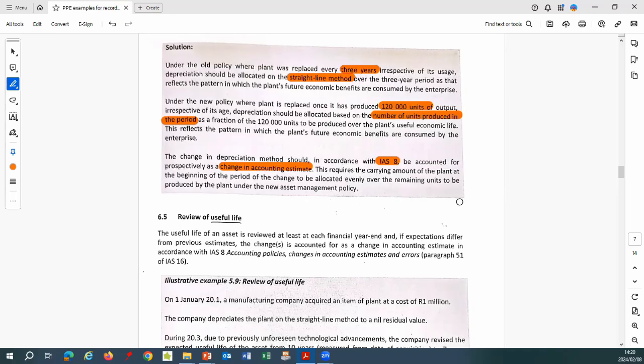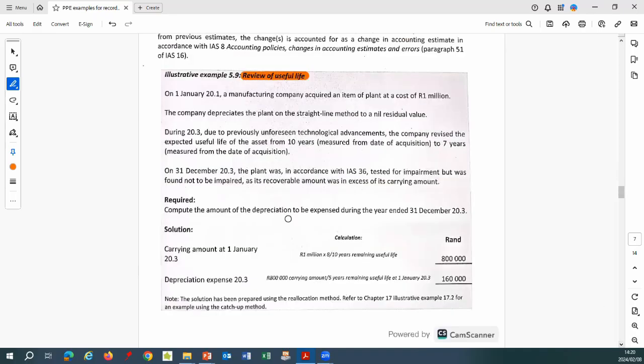Okay, our second example has a look at the review of useful life. So we had a plant that cost 1 million. They depreciate on the straight line method to a nil residual value. So we have got our depreciable amount.